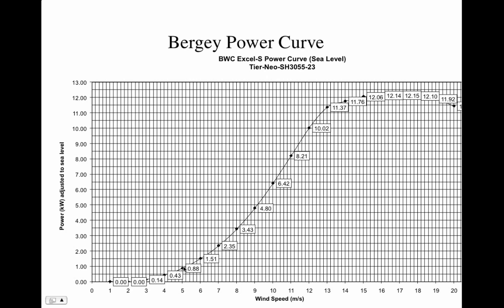Let's try 5 meters per second, and we get about 1, and 10 meters per second, and we get about 6. So that's 6 to 1. There's the efficiency of the turbine and all those other things related here, but you can see that it's a very steep non-linear relationship.